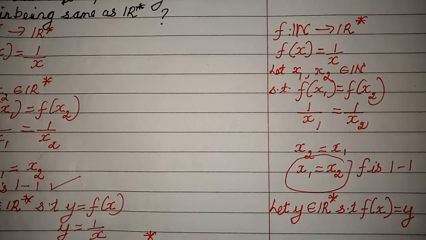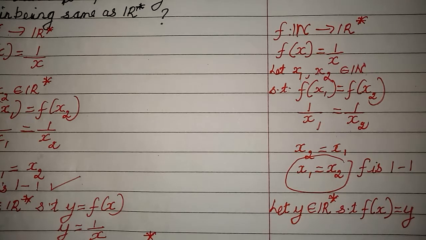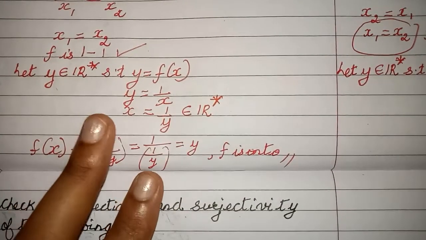Instead of going for the general process, you always check first orally whether your function has some element which will violate the definition of onto, and you do not have to do the procedure of finding onto as I have done in the previous example.